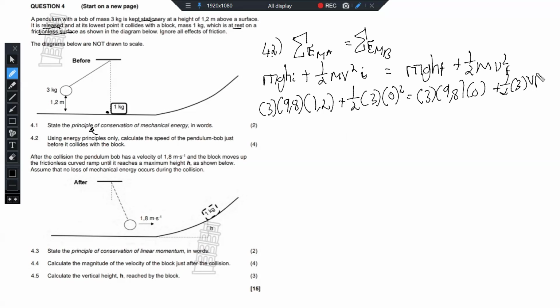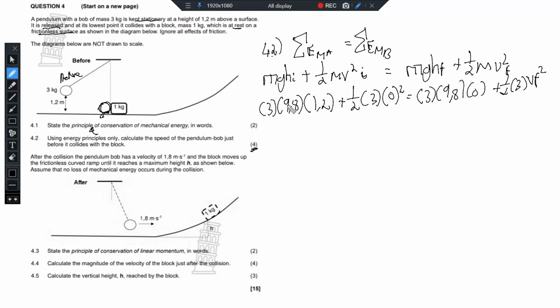Or the speed after the collision, as we can see here. Okay, so in this case, not after the collision, but before it collides with the block. So this was before here. And then after is just right before it collides with the block. Okay, understandable.